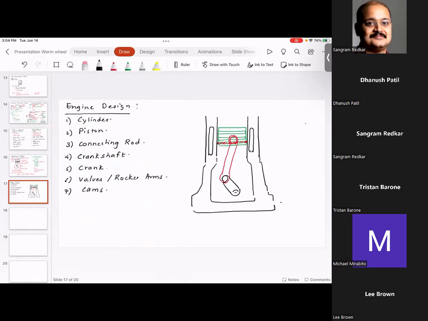And then there is a cylinder head. And here there is a head gasket. And then you're going to have an intake.